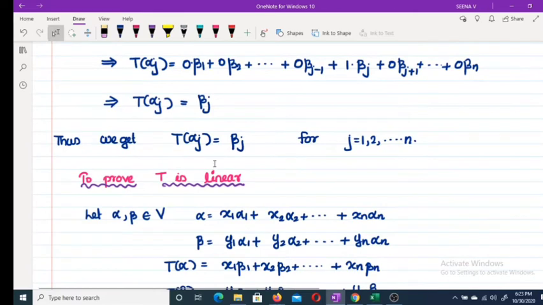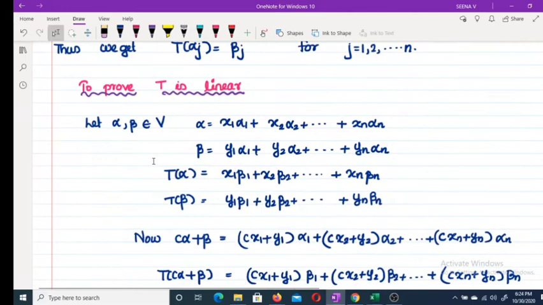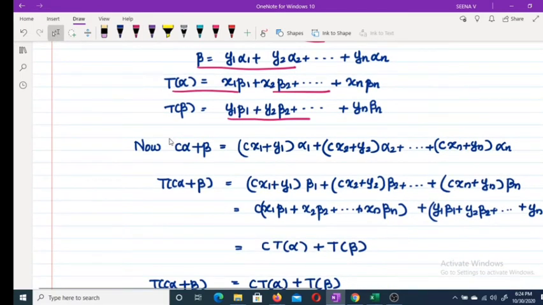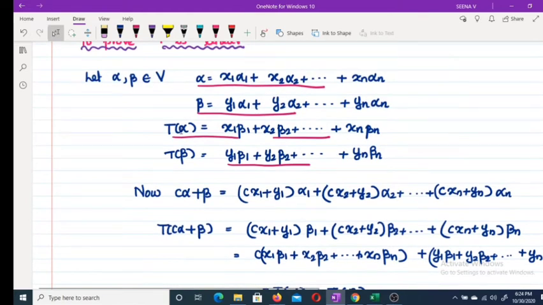Now we are going to prove that if you define T like this, then this T is a linear map. So you take two elements, alpha comma beta belongs to V. Then as alpha 1, alpha 2, etc. is an ordered basis, you can write alpha like this, and beta you can write like this. T alpha is this one, T beta is this one. Clear? Now C alpha plus beta, you just add. C alpha means Cx1 alpha 1 plus Cx2 alpha 2 plus etc. plus Cxn alpha n, plus beta means this one.